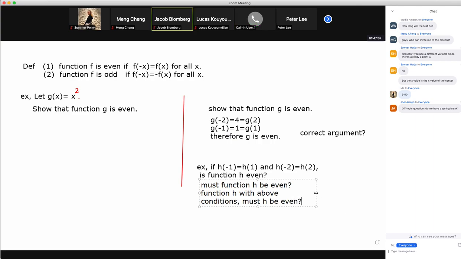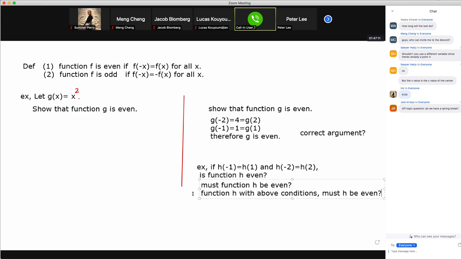Should it be even, or is it possible that h is not even? Of course a function could be even, but is it necessarily the case that h must be even? Or is it still possible that h is not even? That's the question. So now we basically have these kinds of questions here.